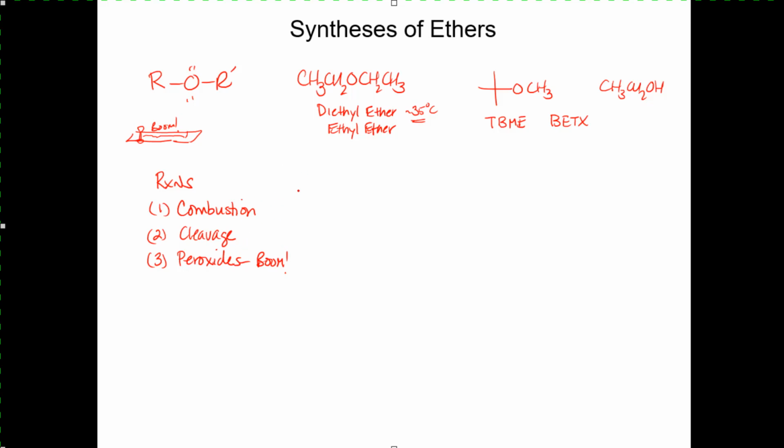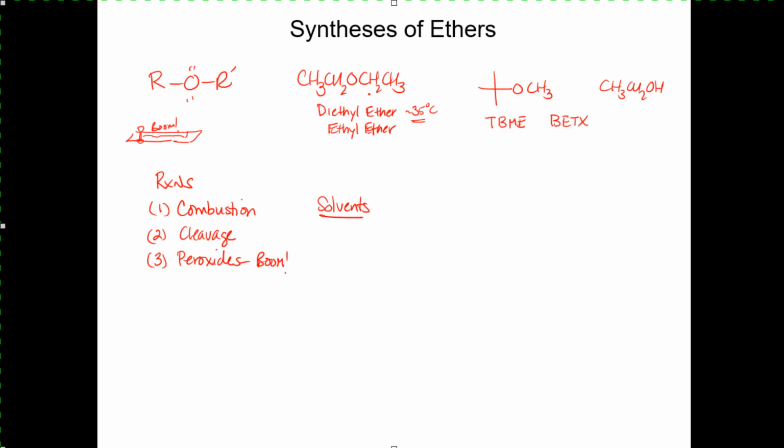The main use of ether then, since these reactions are somewhat hard to occur, is as solvents, because they really don't react all that well, except burning and except forming peroxides, both of which we can control. So that's what we can do.